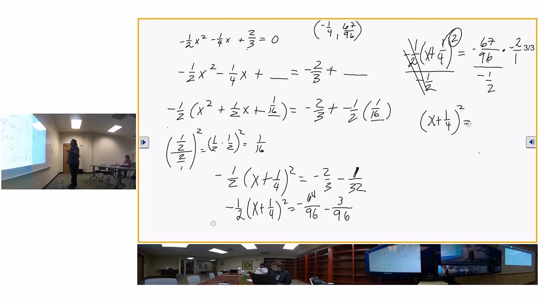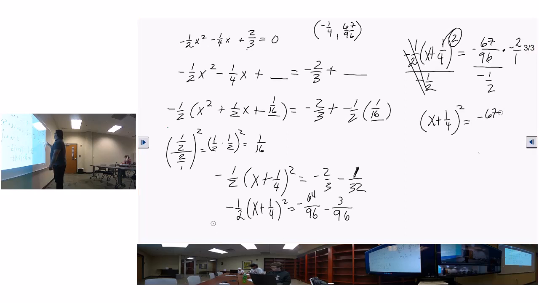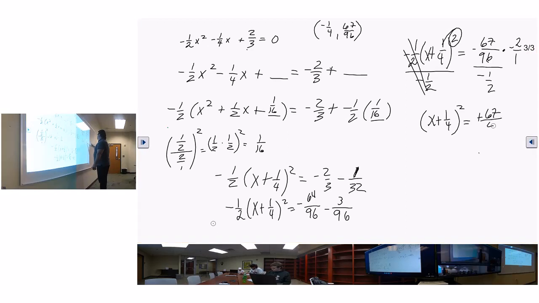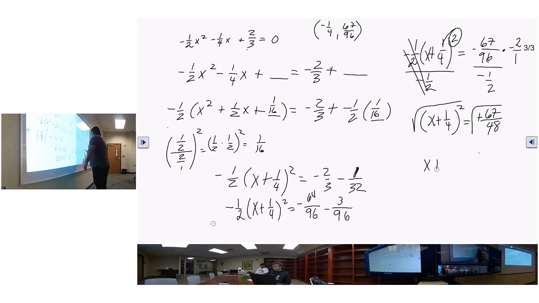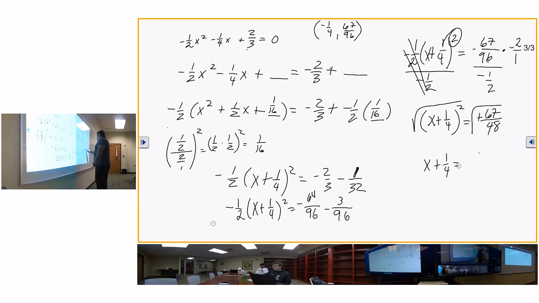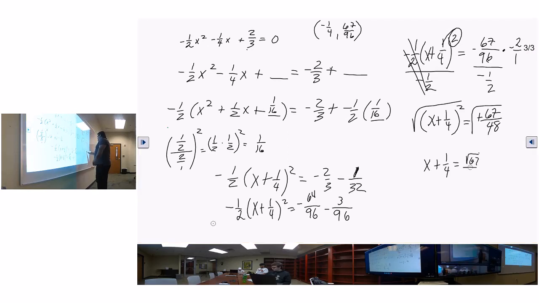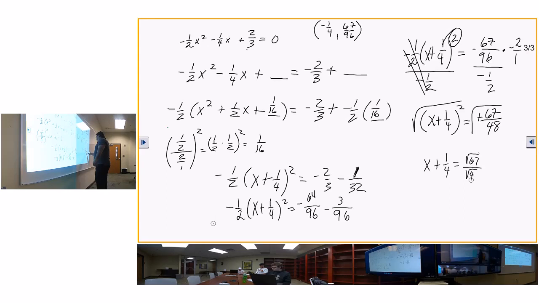What, 48? Okay, 48, that'll be positive 67 over 48. Somebody check me. And take the square root of both sides. X plus 1/4 is equal to the square root of 67 over the square root of 48.